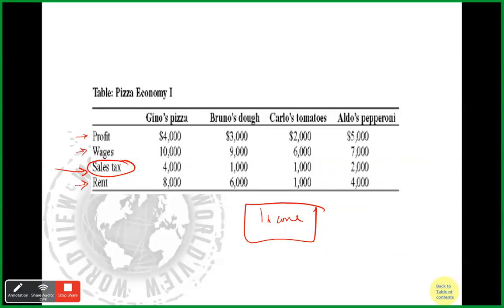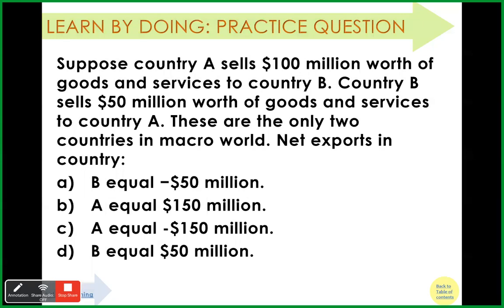And you cannot count the sales. If you count sales as income, and this probably goes to government, then what happens? You must subtract this 4,000. Okay. Next one.